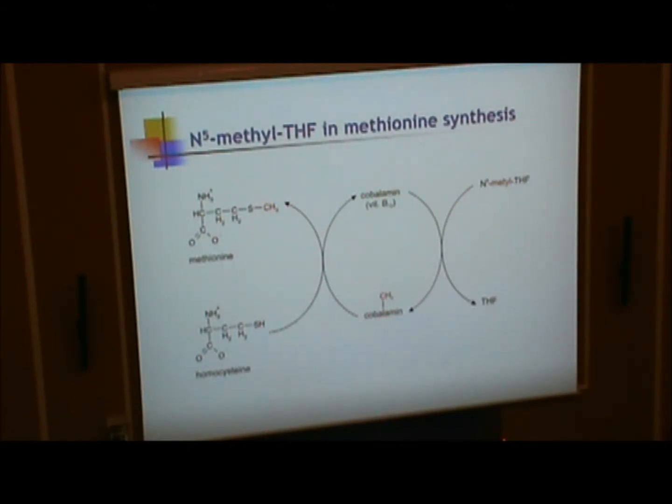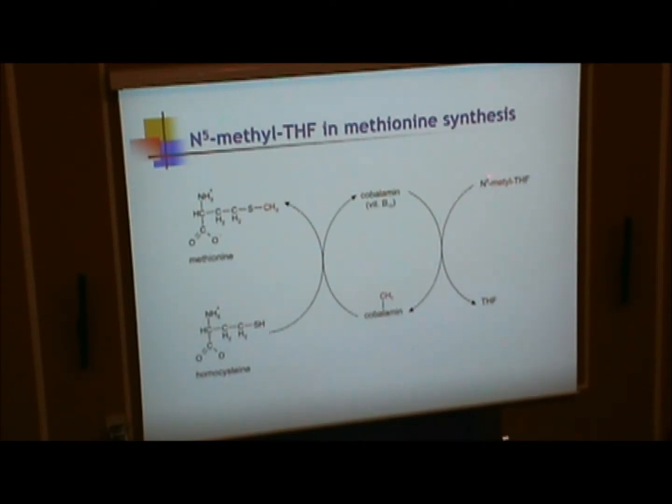Then N5-methyl tetrahydrofolate may serve as a donor of the methyl group for methionine biosynthesis.